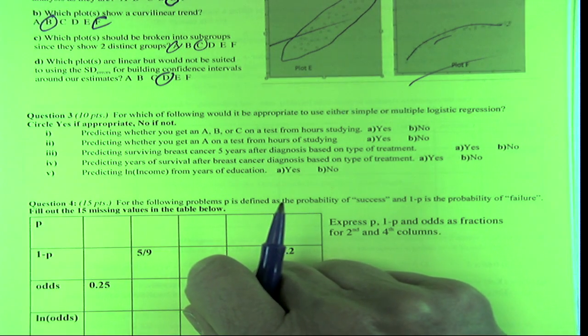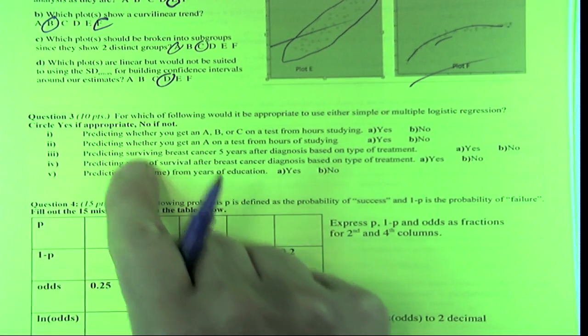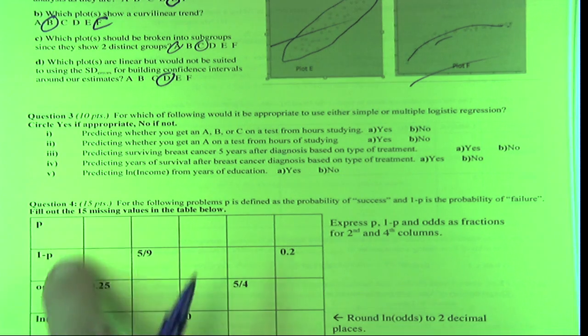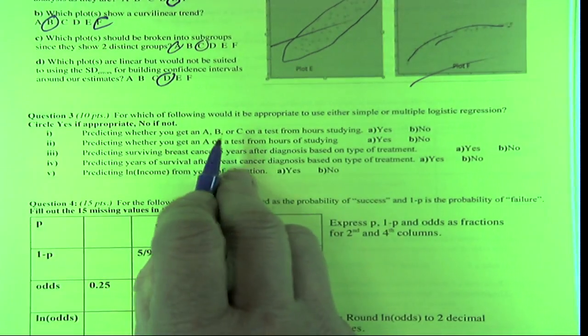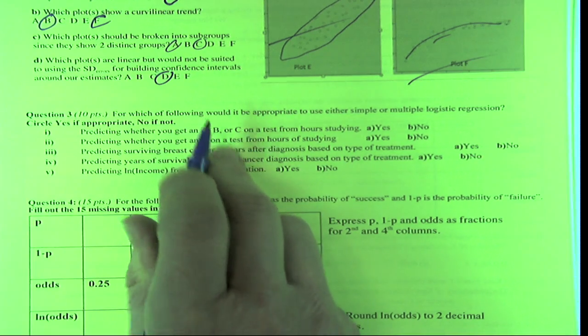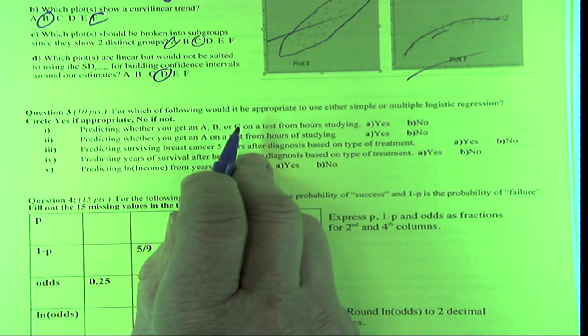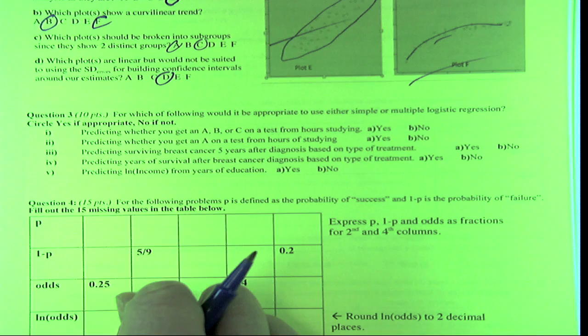Remember, can you change what you're predicting, the y variable, into a yes or no question? This one is predicting whether you get an A, a B, or a C. Like there's three groups here. That's what I meant to say. So just now see if you can fill these out.